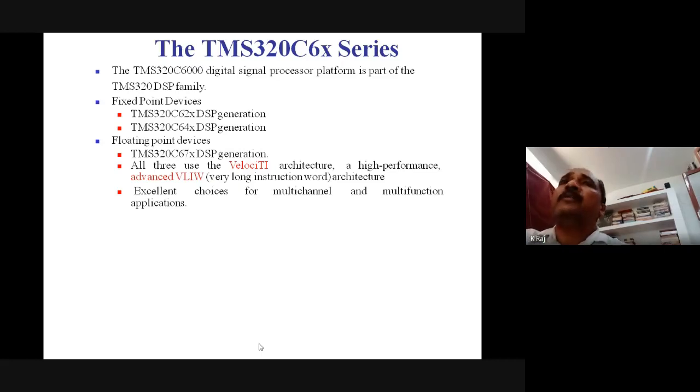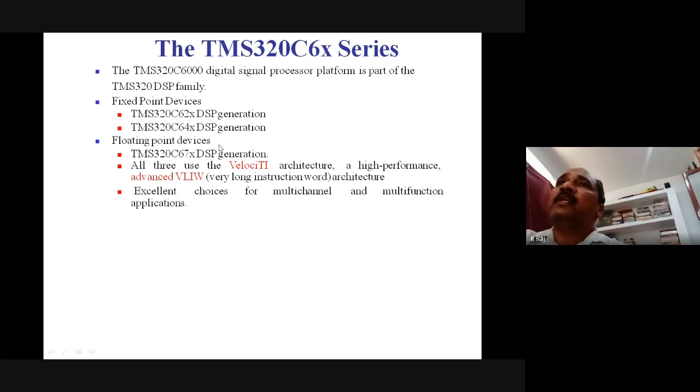We have described here the three DSP generations. The first one is the TMS320C62X DSP generation. The second one is the C64X DSP generation. These two are the fixed point devices. The third is the TMS320C67X DSP generation, which is the floating point device.